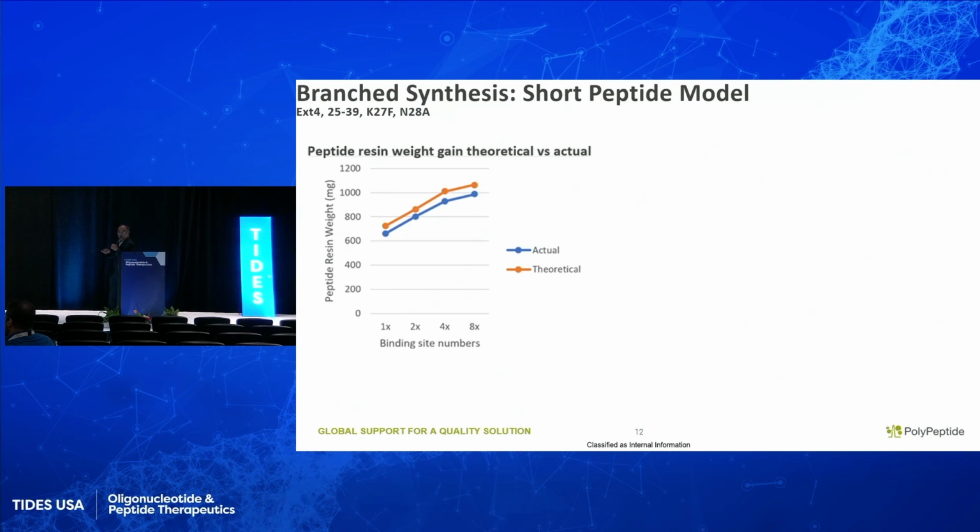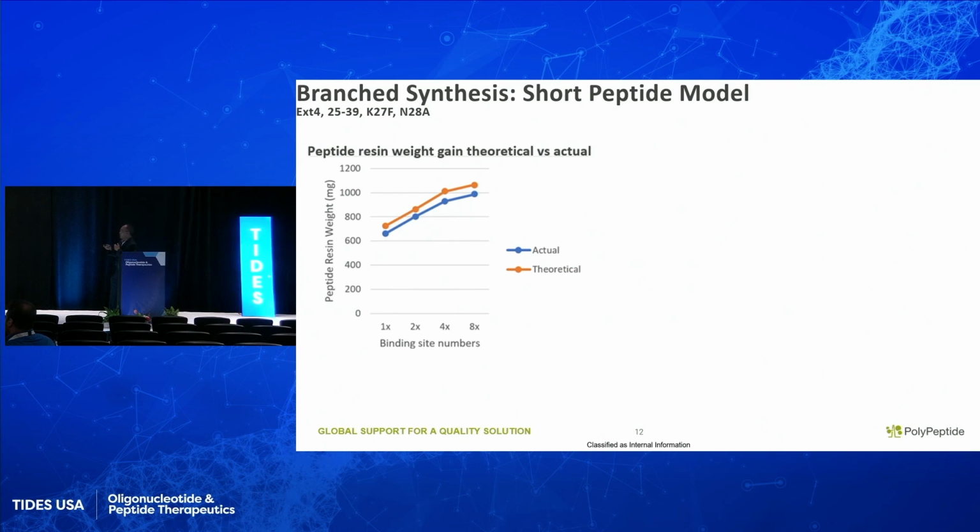After you build the peptide, we're going to measure the peptide resin weight gain. We want to see it has gained the expected weight. If the peptide is growing, the peptide resin will gain weight, and we want to see if the weight gain follows the expected value. And it does.